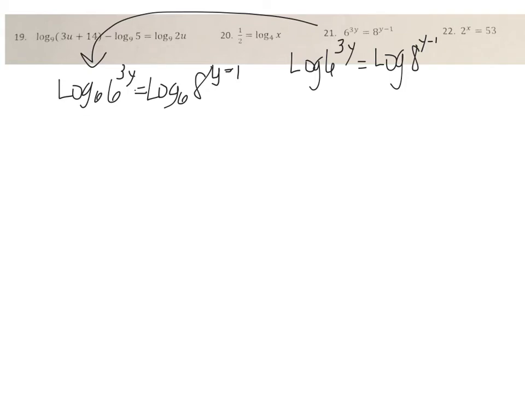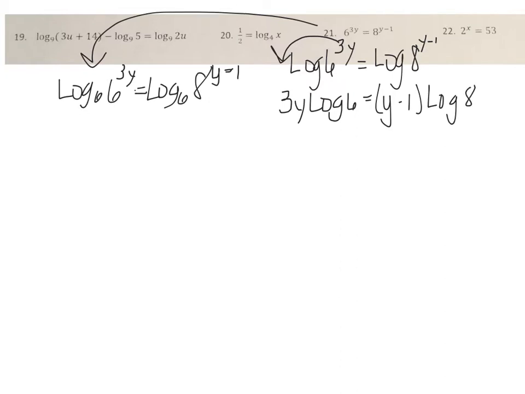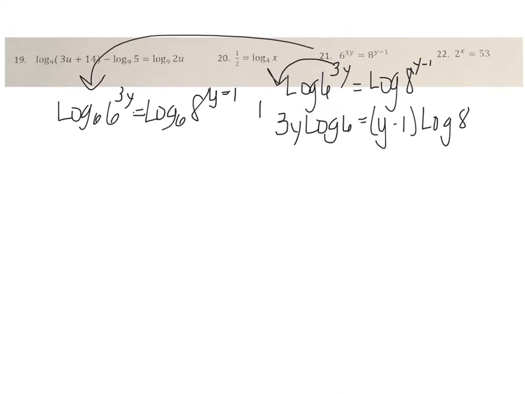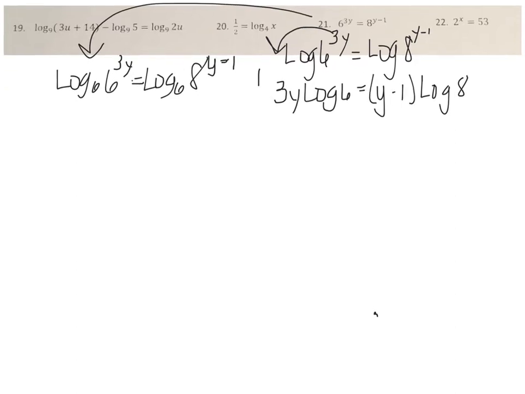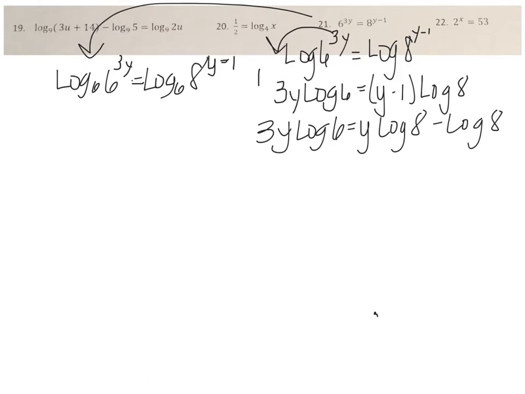So we're going to move our exponent out front here. 3y log 6 equals y minus 1 log of 8. Gosh, move that back up. There we go. That's 3y log of 6 equals y log of 8 minus the log of 8.